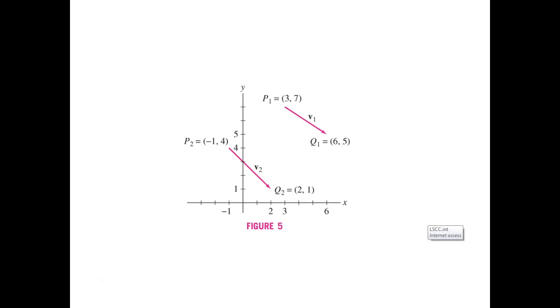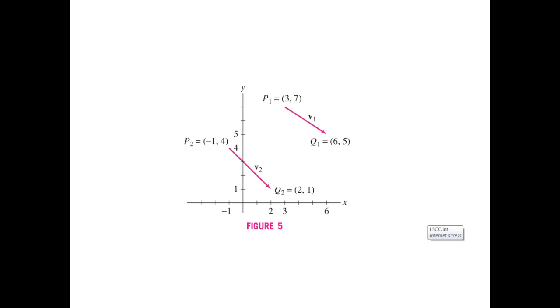P1, Q1, and P2, Q2. Are these equivalent vectors? What think you? In other words, V1 and V2, are they equivalent? You don't think so? Or you do? No. You're right.